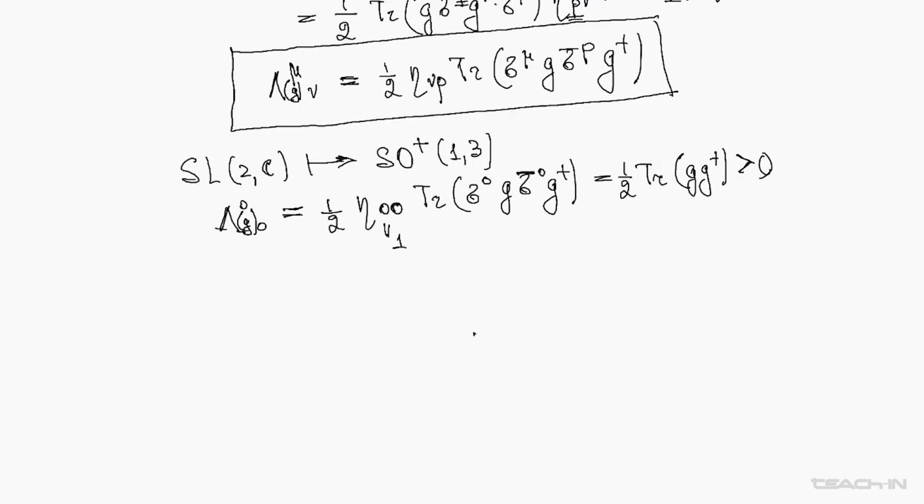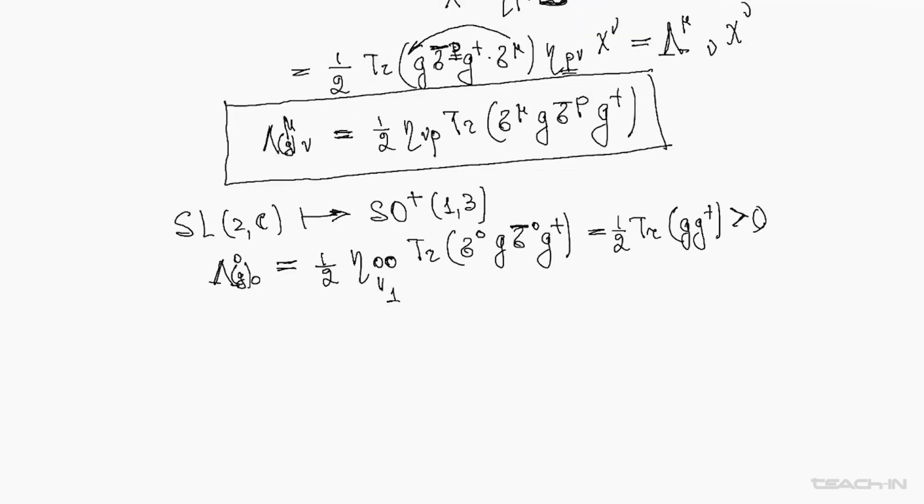You can easily compute by using the definition of lambda mu nu, the determinant, and you will find that the determinant of lambda will be reduced to the determinant of G. So please do this little computation to show that this is the determinant of G multiplied by the determinant of G dagger, but since each determinant is equal to 1, you get 1. So this means that indeed you are realizing proper orthochronous Lorentz transformations in this way.